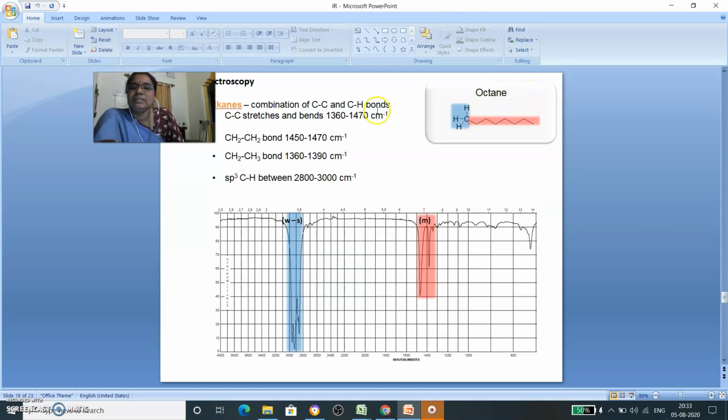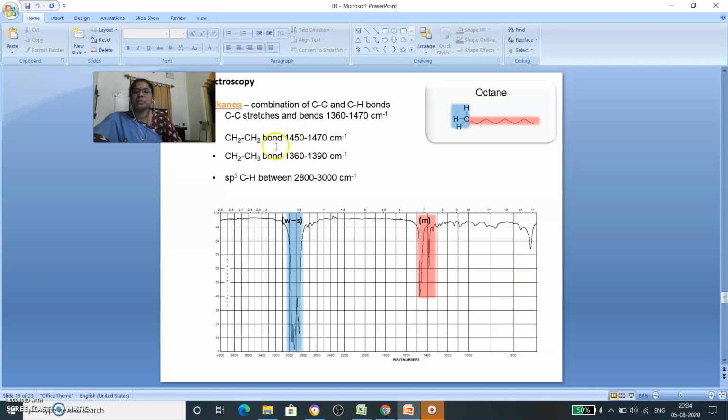So, for this, simply by taking a few examples, the graphs were shown here. Alkanes: CH stretching, right? Here the bond lies at CH3 at the ending and CH2 in between.